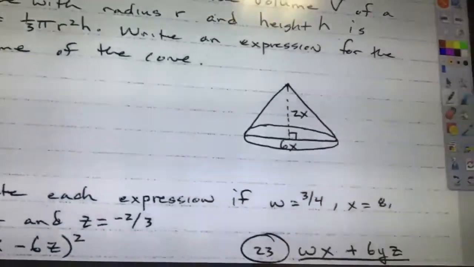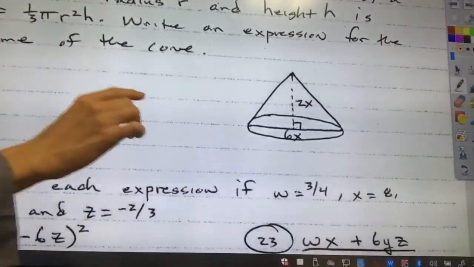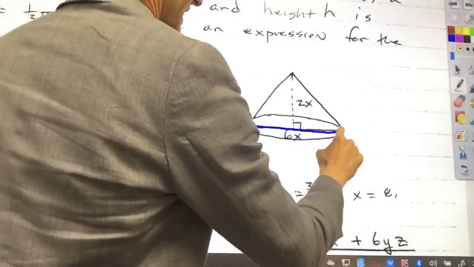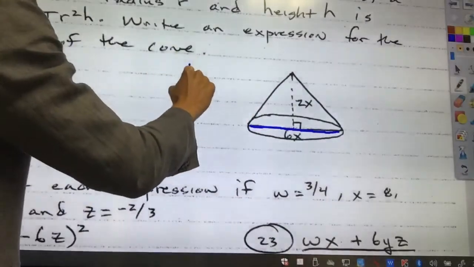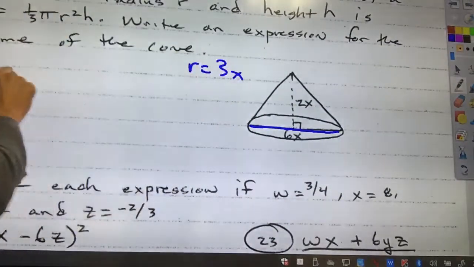Okay, now we're talking about volume, and 6x is the diameter, so the radius is 3x.